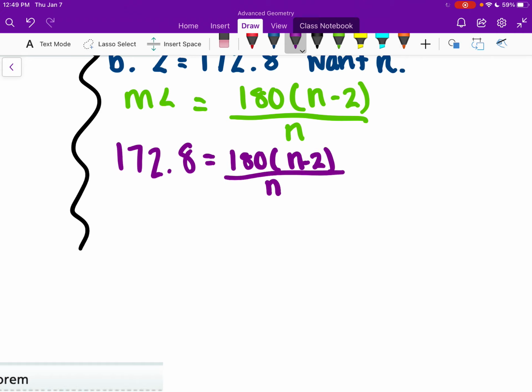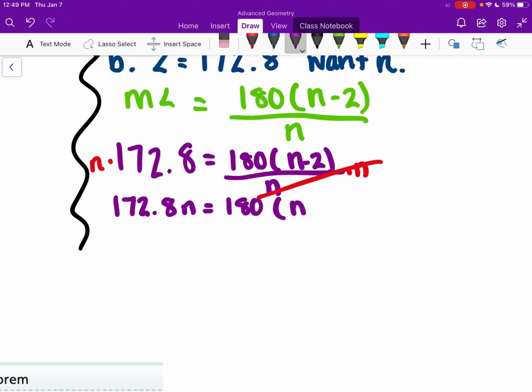And then we need to use our solving equation skills to solve this. So I can multiply by n on both sides to undo that fraction. And I end up with 172.8 n equals 180 times n minus 2. You can do two things here.